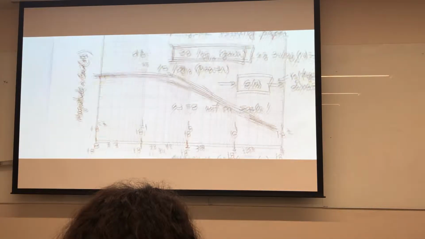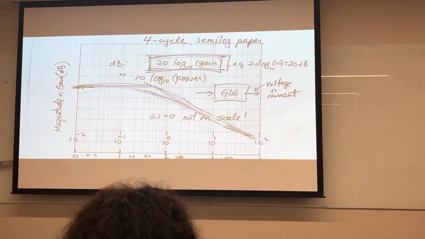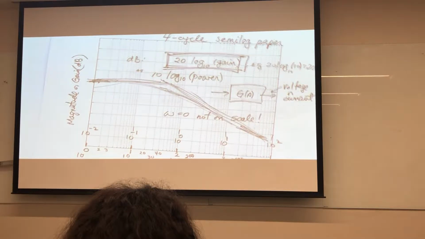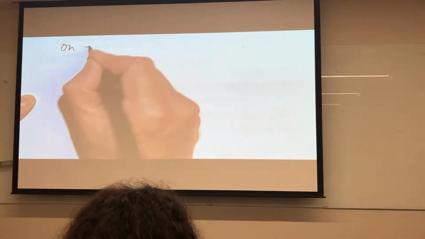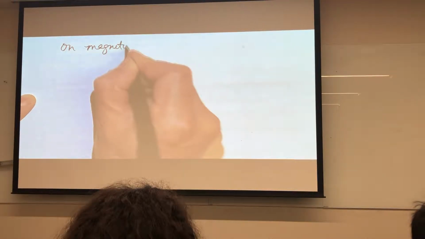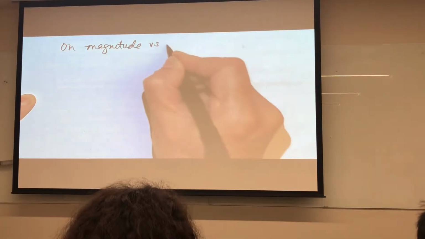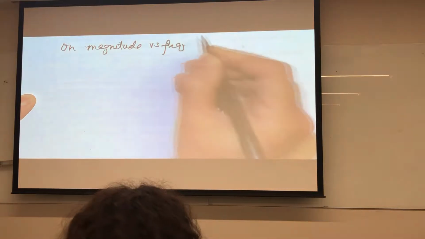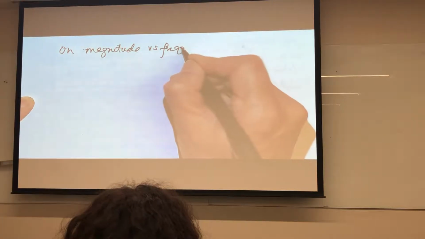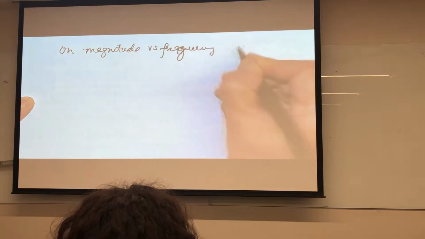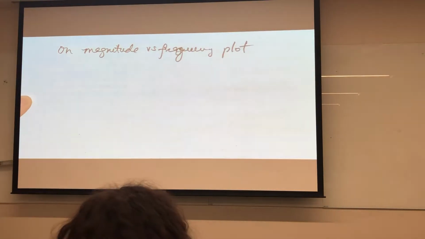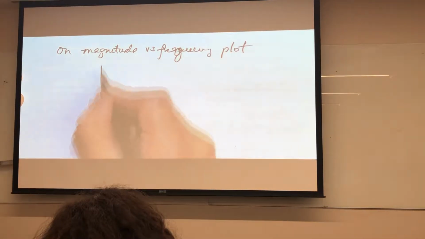Okay, let me talk a little bit about a characteristic on the magnitude plot. We're going to take a look on the magnitude versus frequency plot. We're going to sketch a hypothetical plot right now.